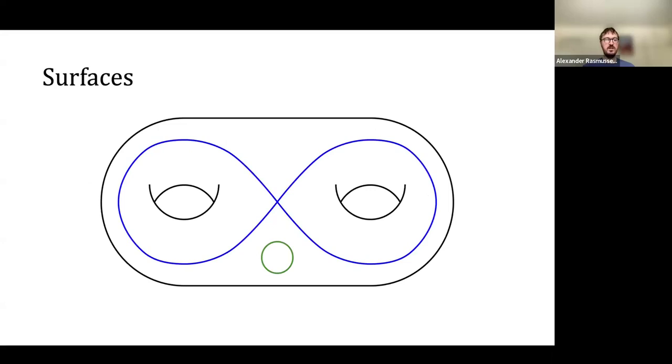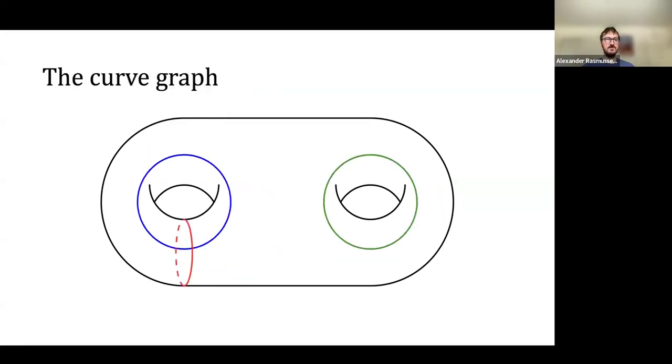Okay, so what am I talking about here? First of all, this is a picture of some curves that are not in the curve graph. The blue curve is not simple. The green curve is inessential; it bounds a disk. So these are not curves representing vertices of the curve graph. Here are 3 curves that do represent vertices of the curve graph.